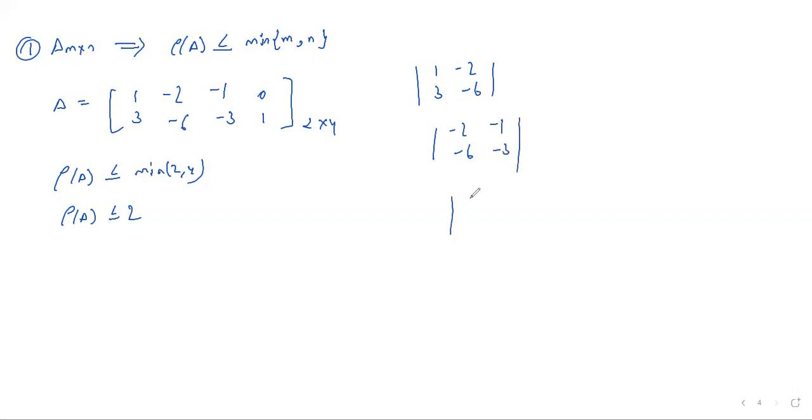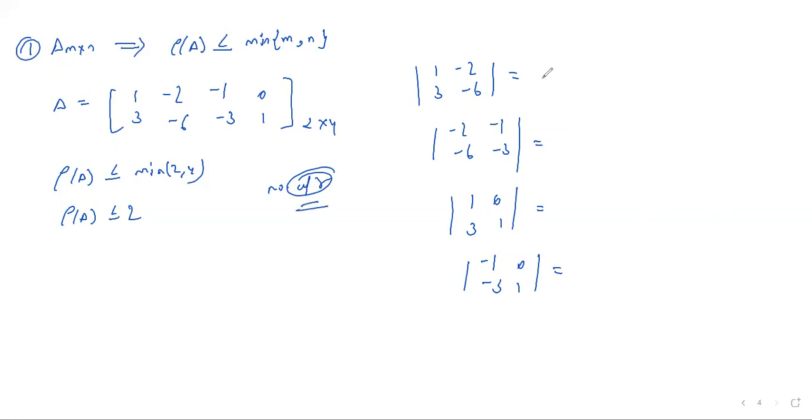This is my second minor, and there is 1 3 0 1. This is my third minor, and minus 1 minus 3 0 1. Okay, so if every minor of A of order R plus 1 is 0, then the number R is my rank.